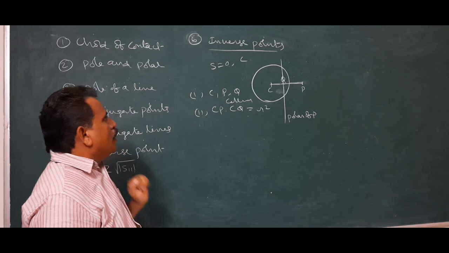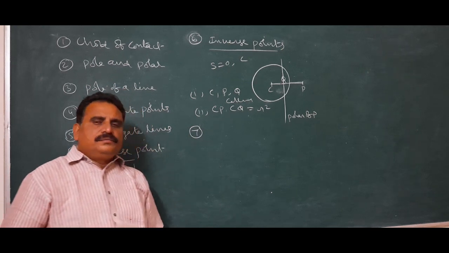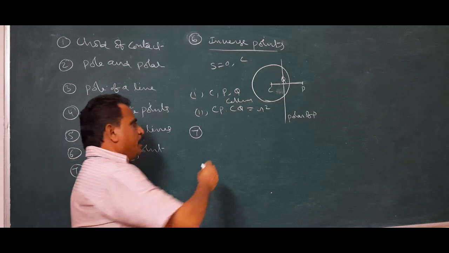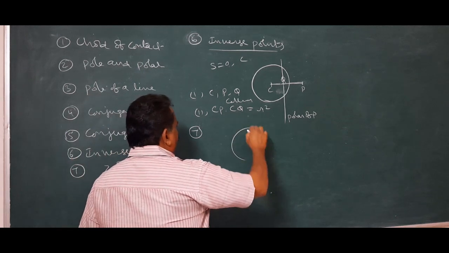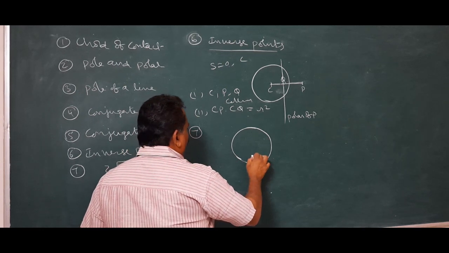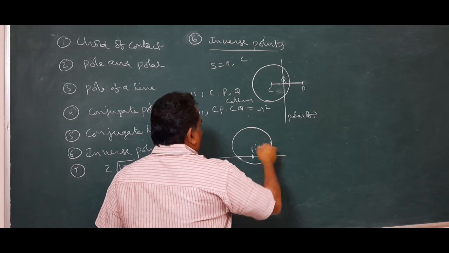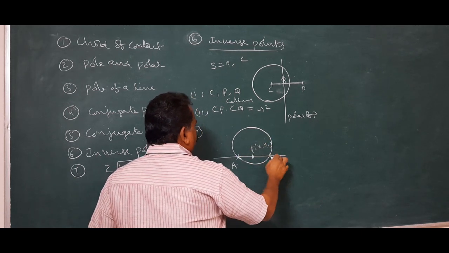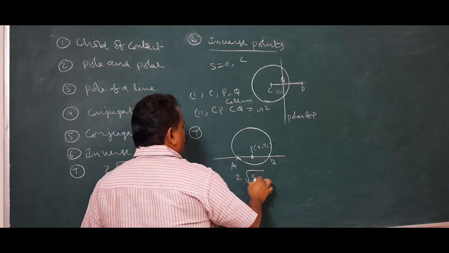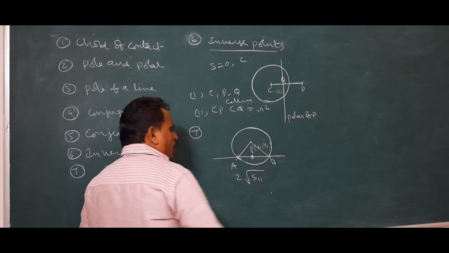Now, the last point is the length of the chord having P(x1, y1) as midpoint, that is 2 root mod S11. P is the midpoint, a point inside the circle. So we can easily prove that.